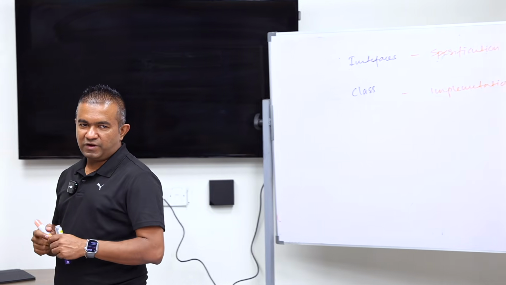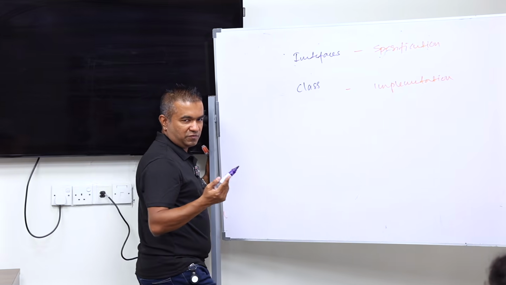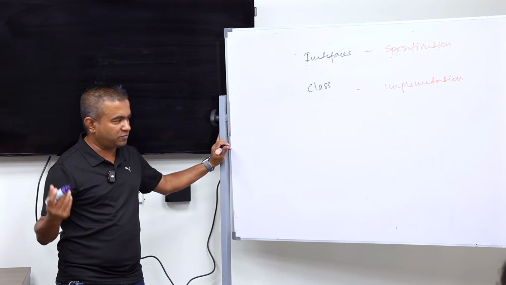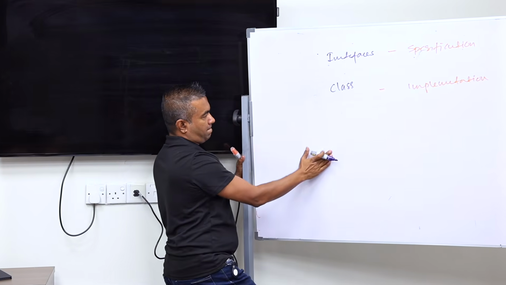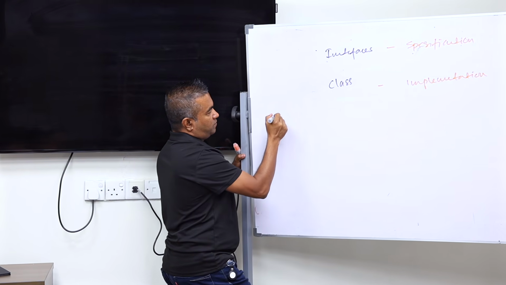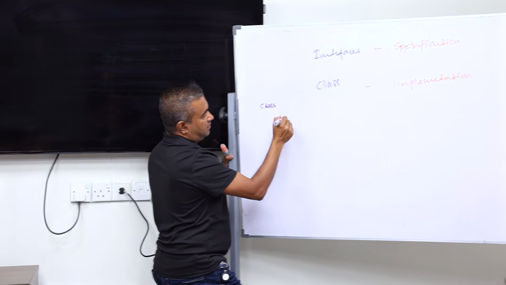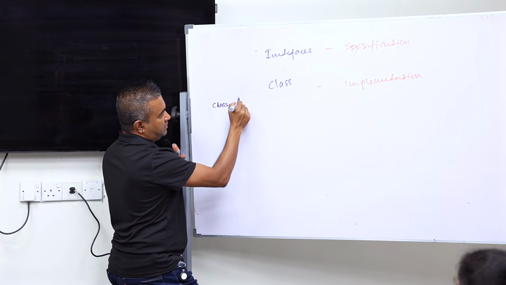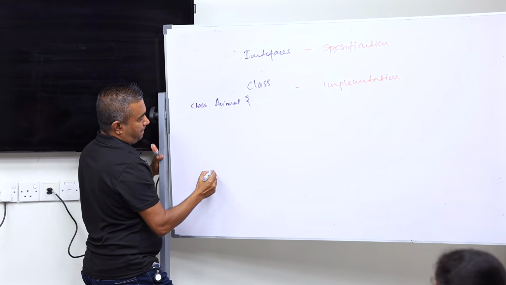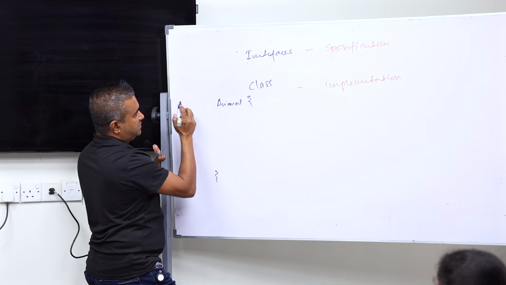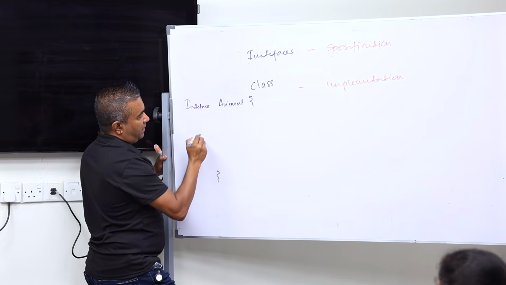Okay. For example, let us say there is an interface Animal, and there is a move method.